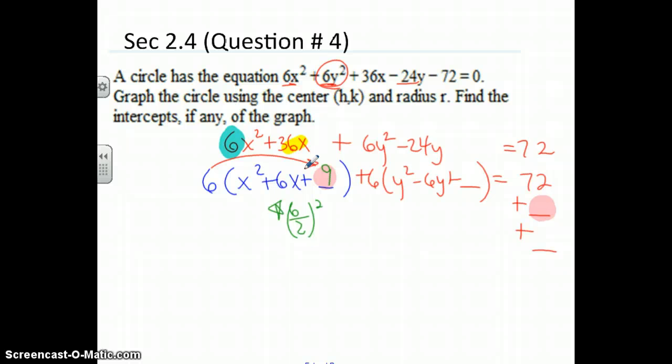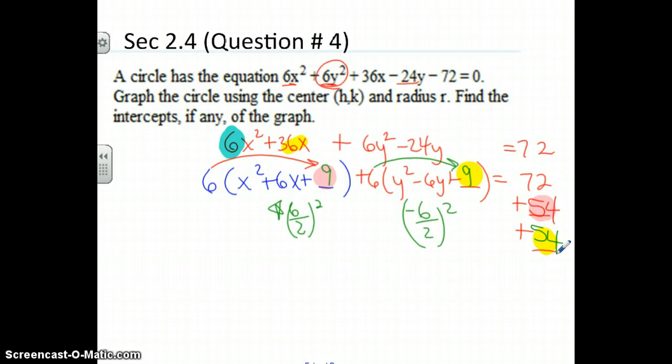So I'm going to add 54 to this side. I'm going to look again here and try to add to both sides. Looks like it's similar. Half of negative 6 squared is still 9. 6 times 9 is still 54 more.